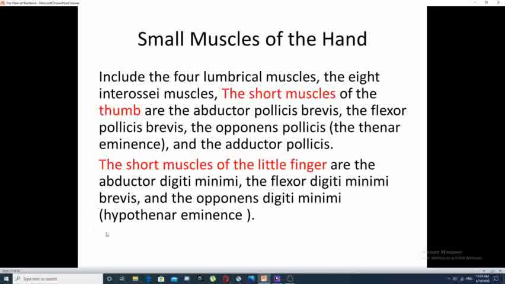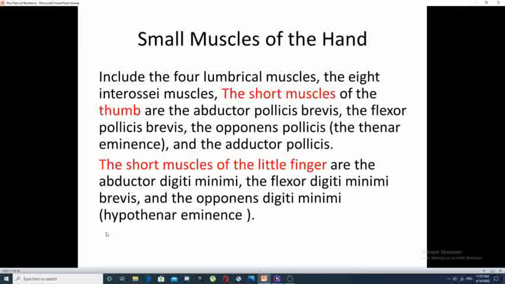An important note: these small muscles of the hand have their origin within the hand and their insertion within the hand or into the fingers of the hand.